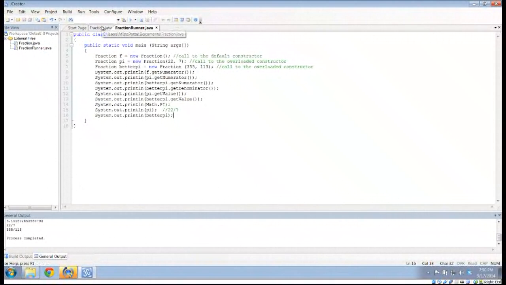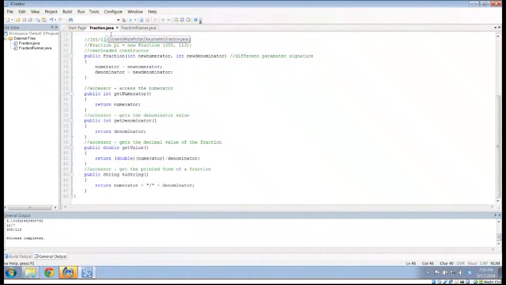So we had four accessors that we wrote for this. One accessor for the numerator, one accessor for the denominator, and these I'm just getting the value that's stored in the instance variable, getting the values that are stored inside the fraction. And then I had two other accessors.